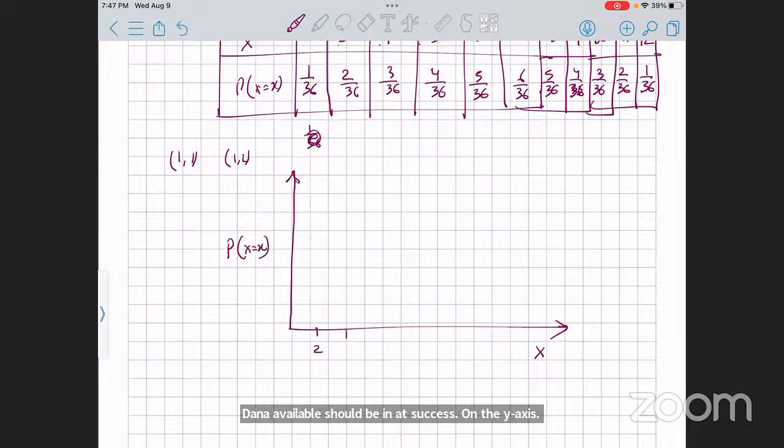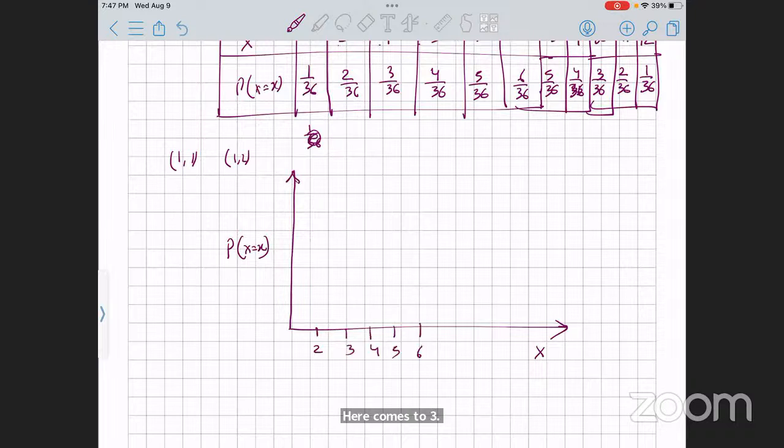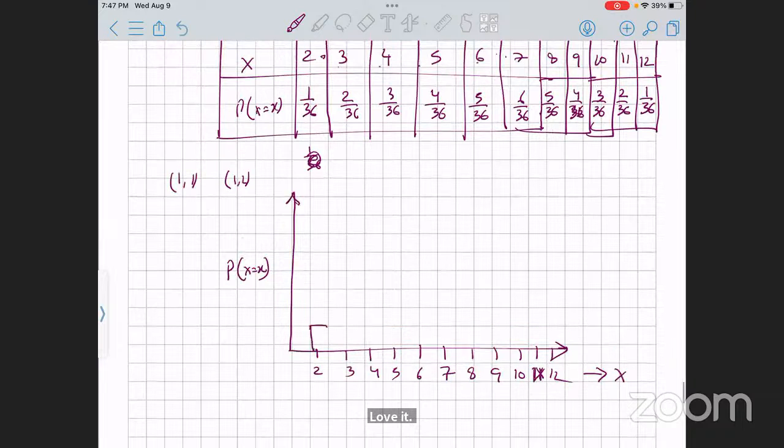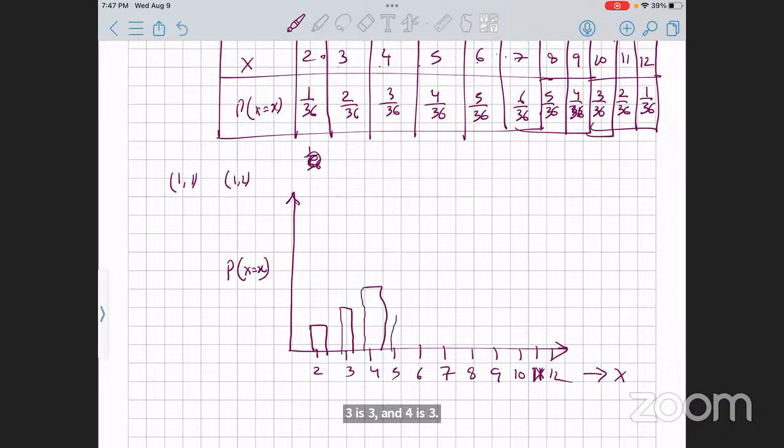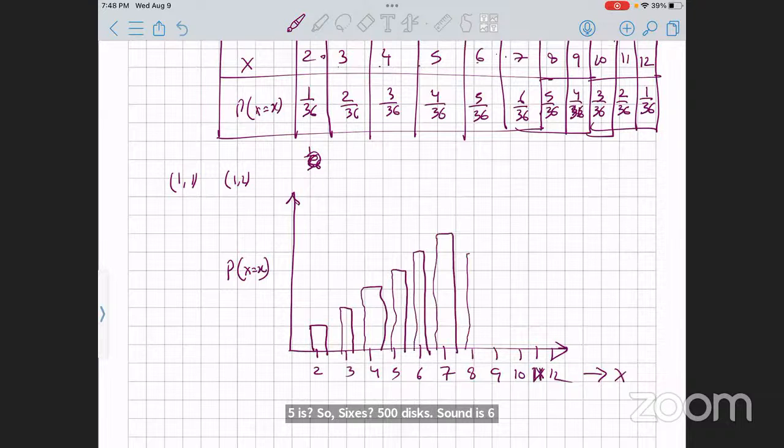Here comes 2, 3, 4, 5, 6, 7, 8, 9, 10, 11, 12. 2 is 1 by 36, 3 is 2 by 36, 4 is 3 by 36, 5 is 4 by 36, 6 is 5 by 36, 7 is 6 by 36, and 8 is again 5 by 36. 9 is again 4 by 36, then 3 by 36, 2 by 36, 1 by 36.